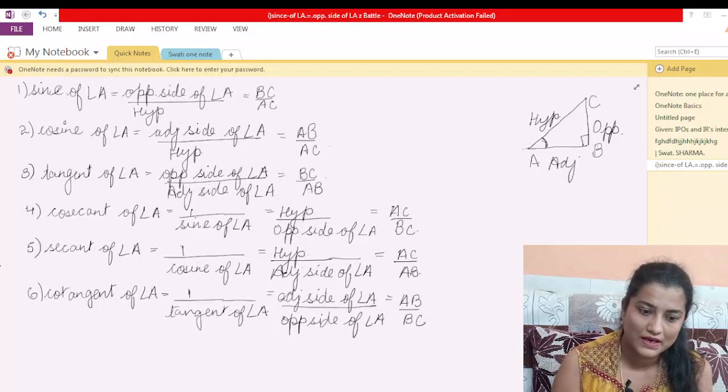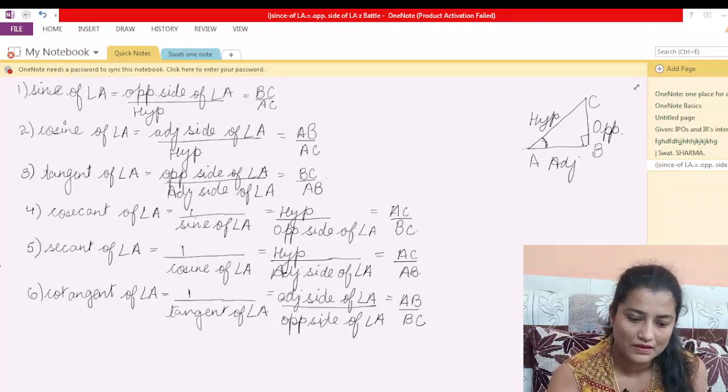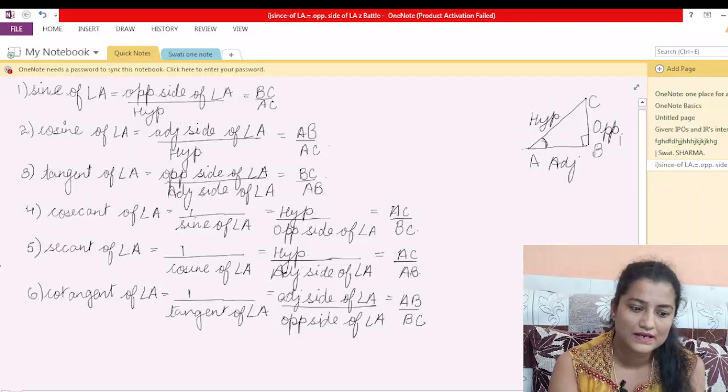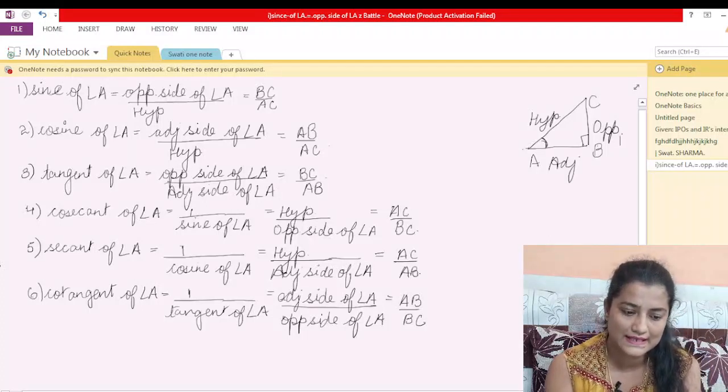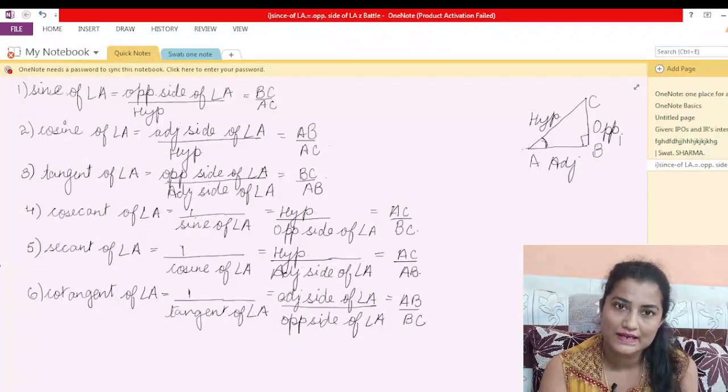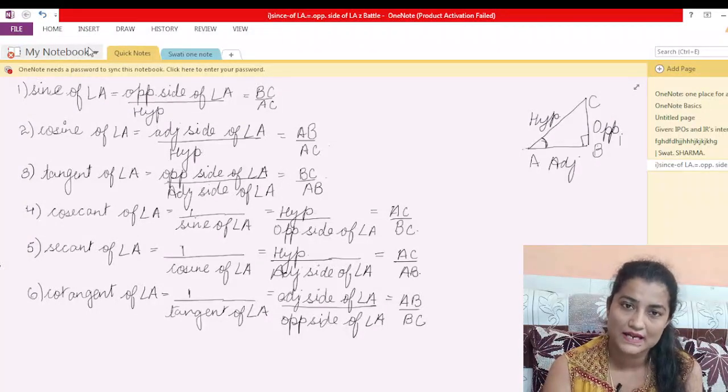So, first identity what we have here is sine, cosine, tangent, cosecant, secant and cotangent. Now here in this figure we are taking a right angle triangle ABC where B is a right angle and A and C are acute angles.